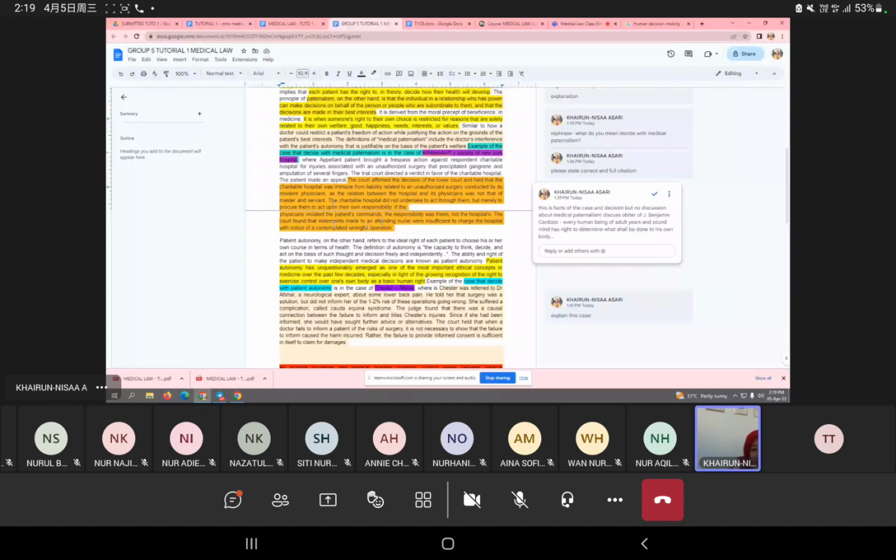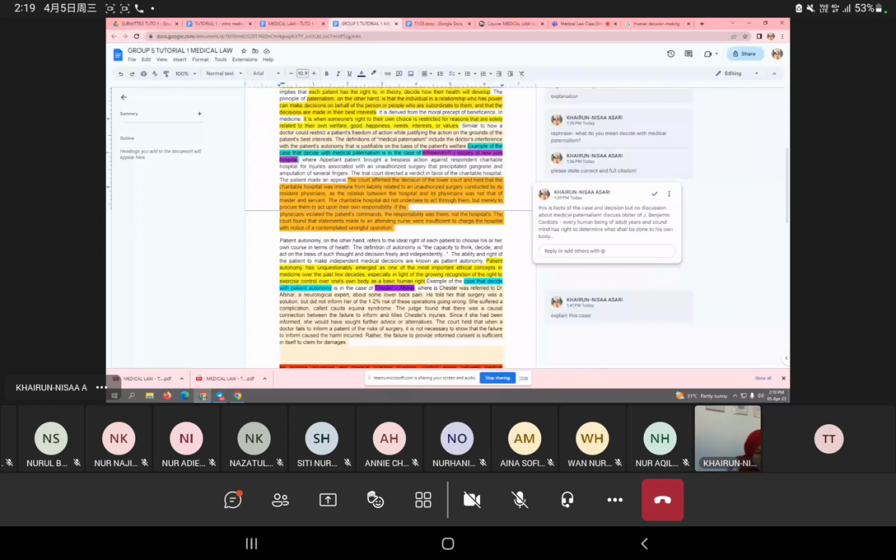See the decision here: if the physicians violated the patient's commands, the responsibility was theirs, not the hospital's. So it doesn't tally with your statement. You wanted to illustrate medical paternalism, but you are giving facts which seem to support patients' autonomy. So I cannot accept this kind of answer. It doesn't make sense.